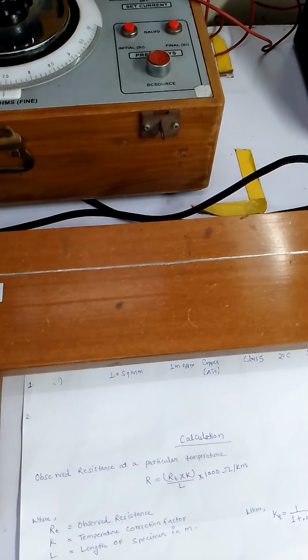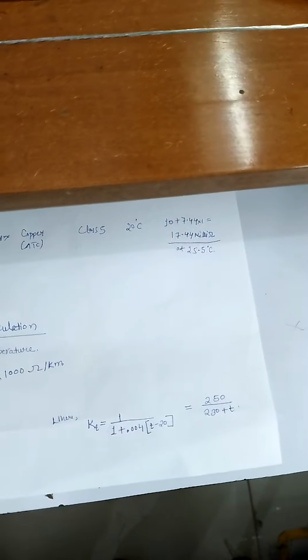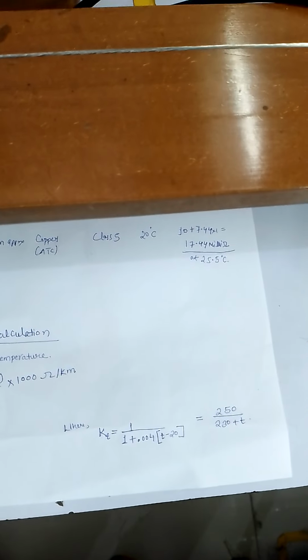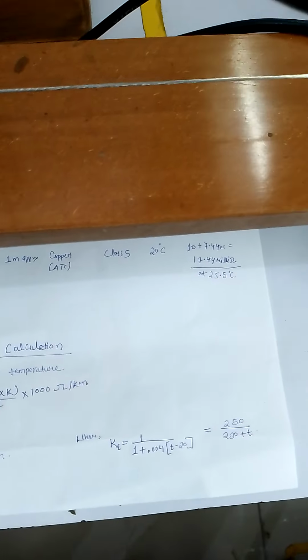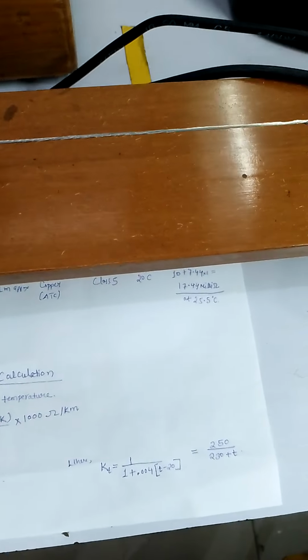We are using the formula, temperature correction factor KT equals 1 upon 1 plus 0.004 (T minus 20), which equals 250 upon 230 plus T. In this formula T is the ambient temperature.